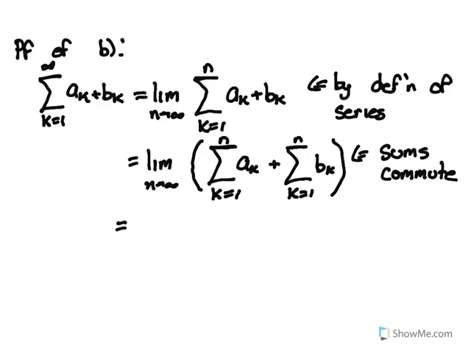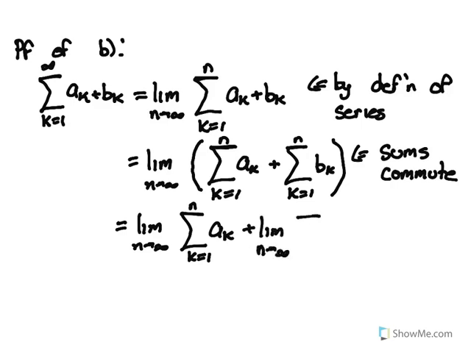And of course, limits distribute through the sum, so this is equal to a limit as n goes to infinity of the sum of a_k plus the limit as n goes to infinity of the sum of b_k, and so this is a property of limits.